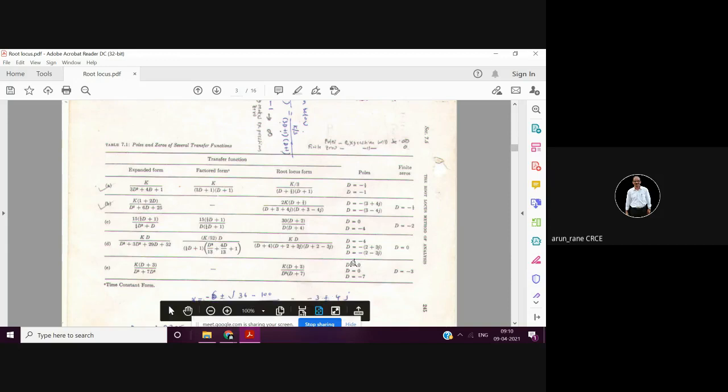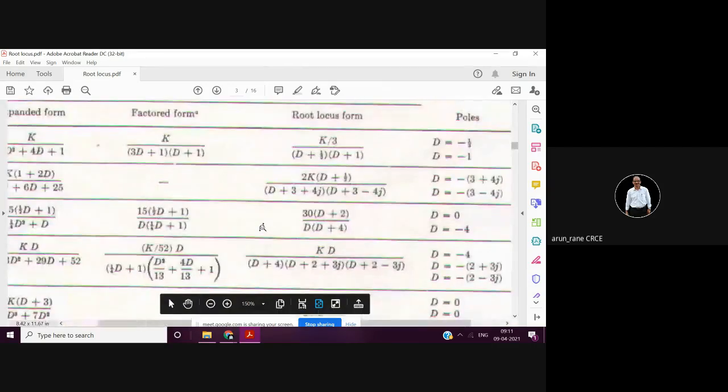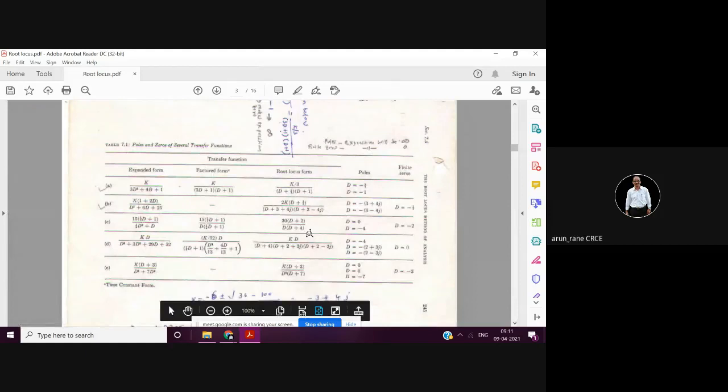Here there are two infinite zeros. See, this is d square, and d square is written as d into d. So here there are two infinite zeros, one finite zero, and three poles, that is 0, 0, and minus 7. So like that it is.